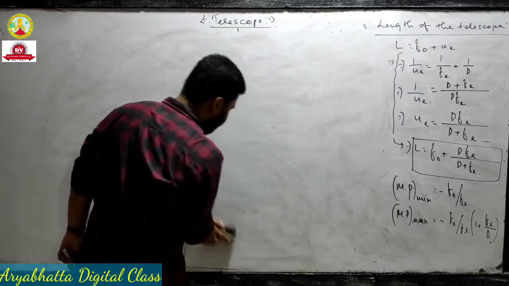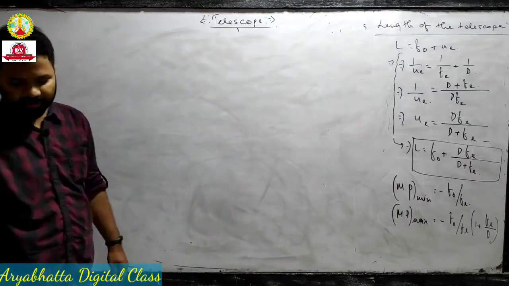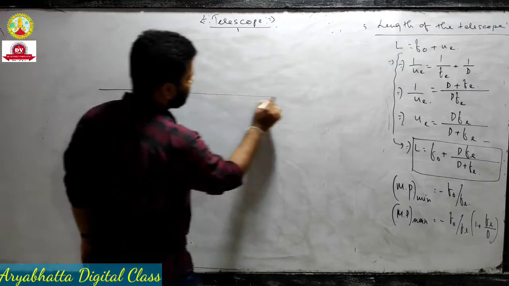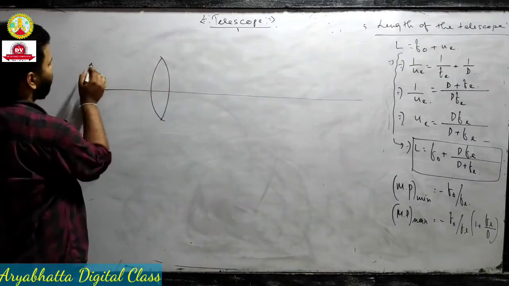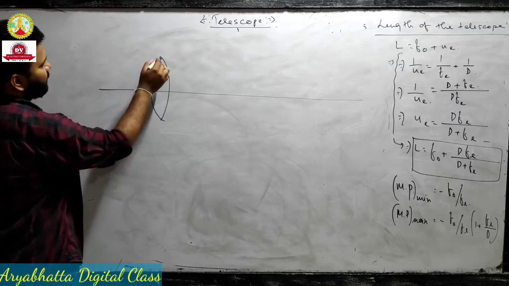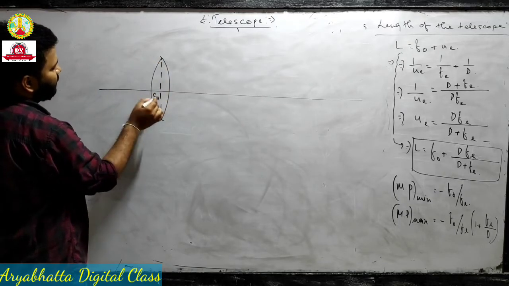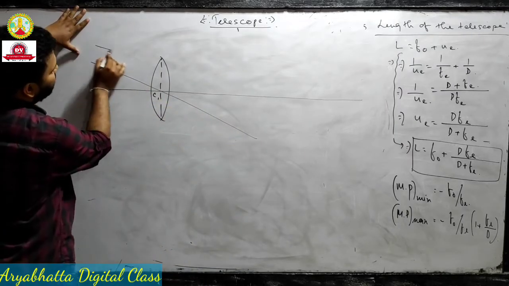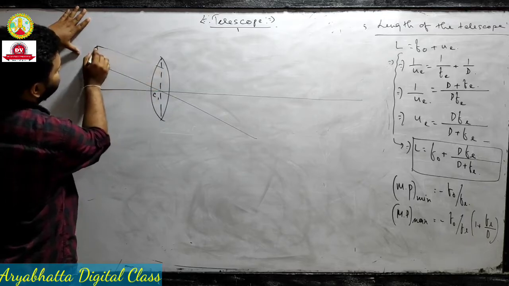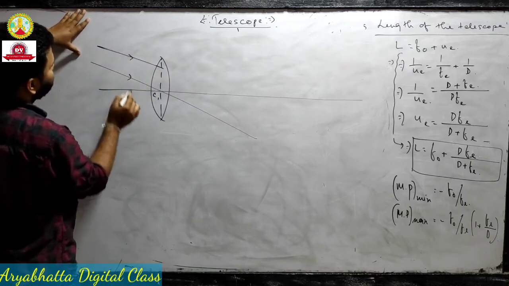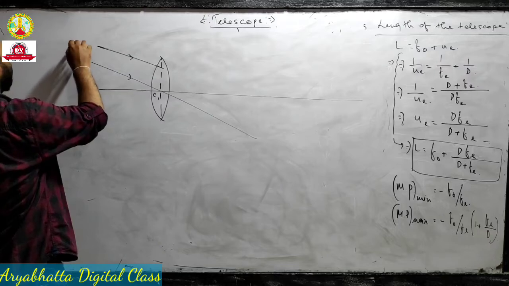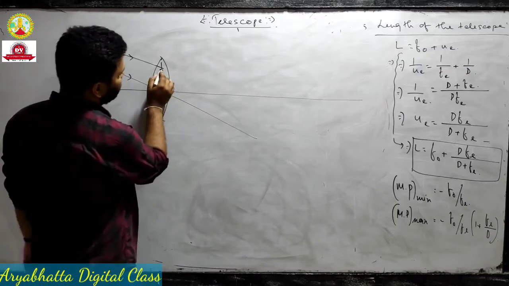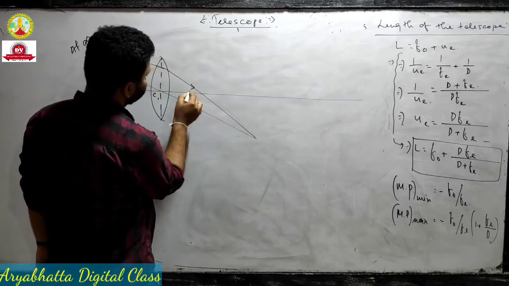So when the final image will be formed at infinity, very simple. This is the first lens. This one from infinity, this is the optical center C1, the light rays traveling like this. Another one, they are parallel to the previous one because they are coming from infinity. So it will form an image at this position, suppose.